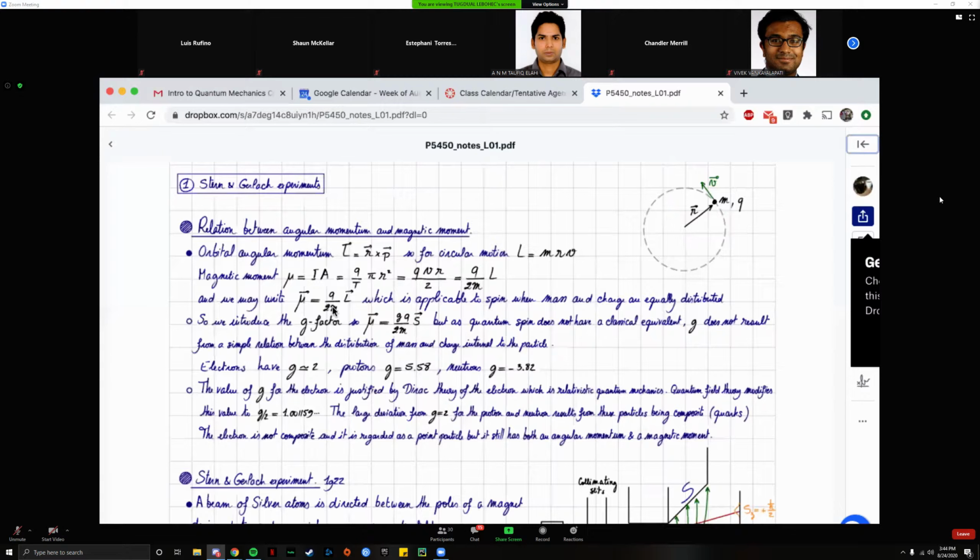magnetic moment, the difference is that in one case we consider the mass density, in the other case we consider the charge density.